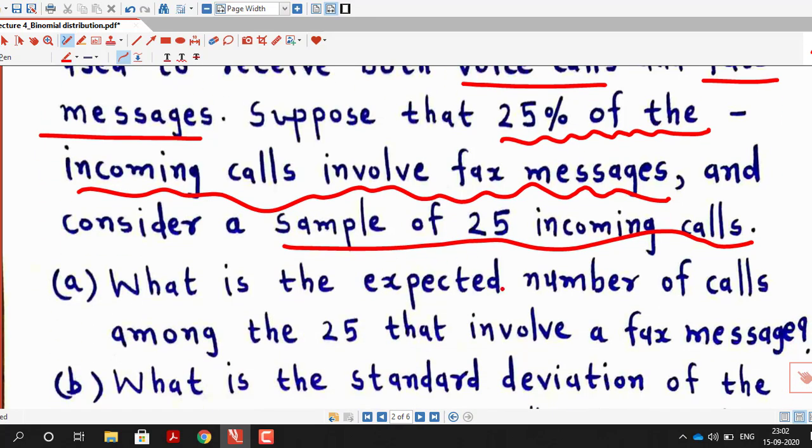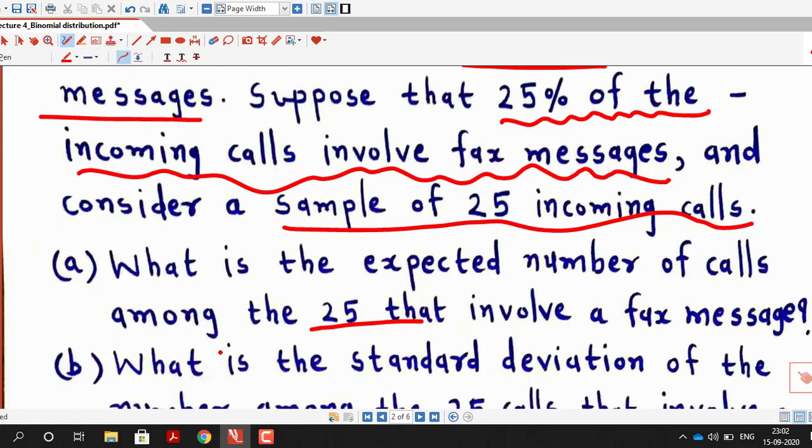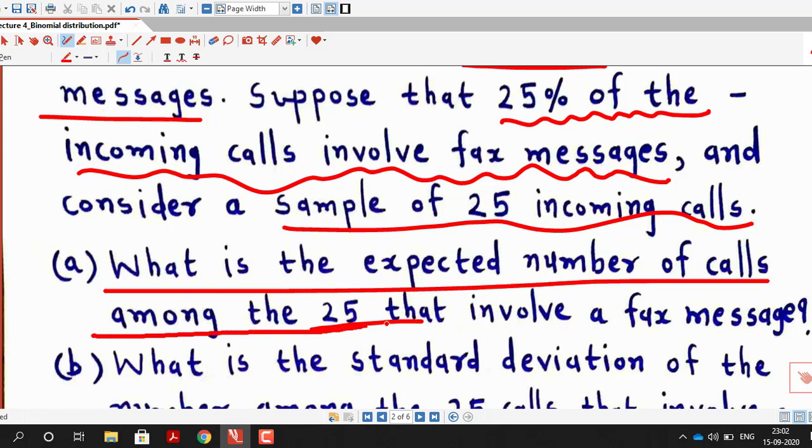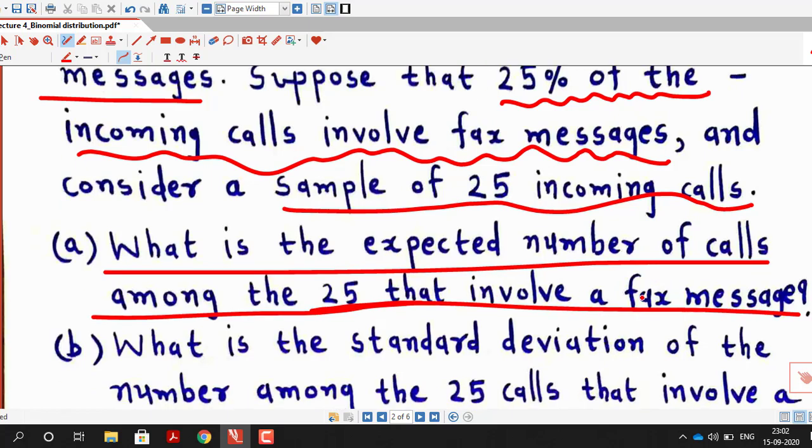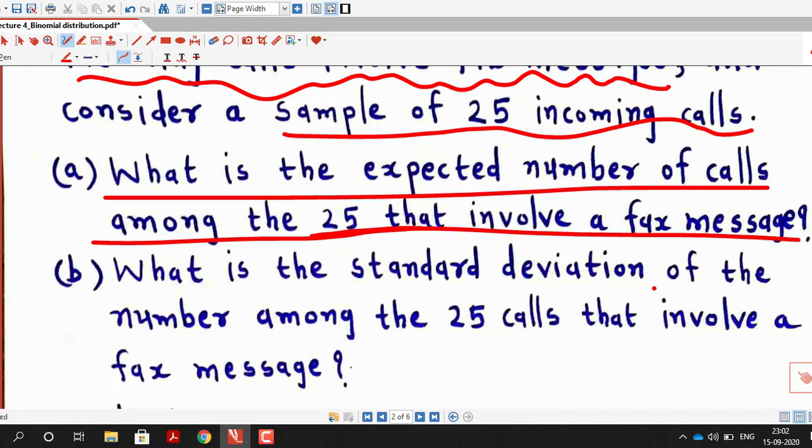We are asked to find the expected number of calls among the 25 that involve a fax message. So from this we get the idea of which random variable we have to consider. Similarly, we are asked to find the standard deviation of the number among the 25 calls that involve a fax message.